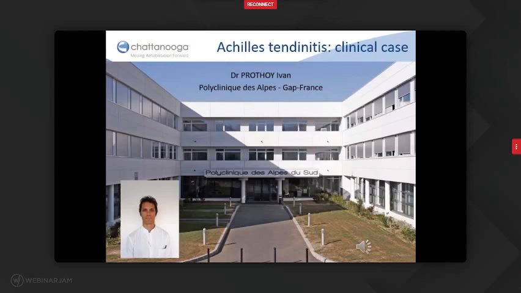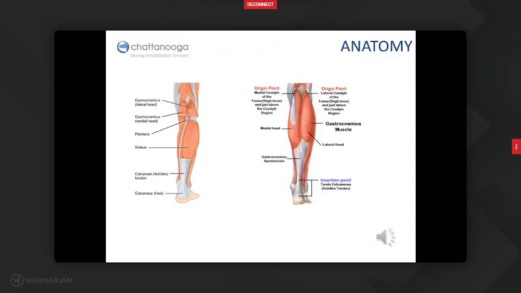Hello everybody. So let's talk about the usefulness of laser therapy, shockwave therapy, and both in the case of Achilles tendinitis. On the right picture, you can see the calf muscle, the superficial calf muscles, going to Achilles tendon.